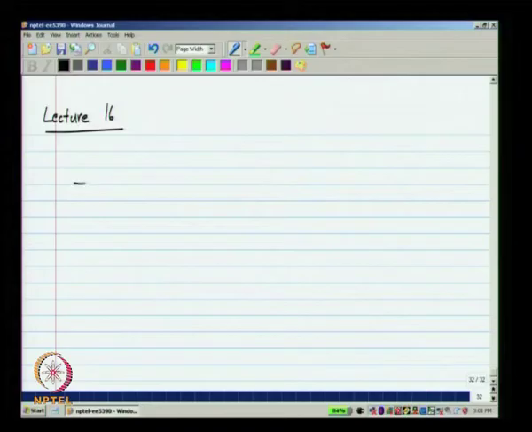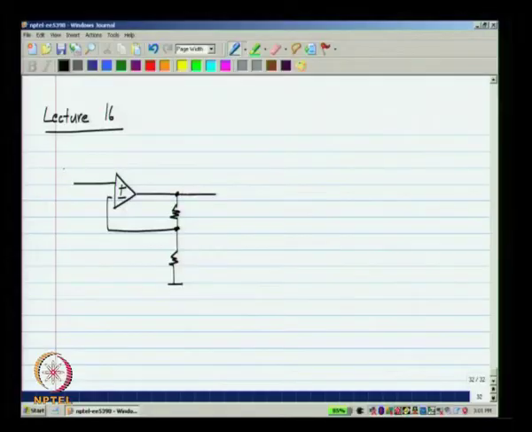I will use the standard op amp amplifier as an example. If I apply a constant input Vi and the ratio of resistors is k minus 1, the output is supposed to be kVi, but what we really get is kVi by 1 plus k divided by A naught, where A naught is the DC gain of the op amp.